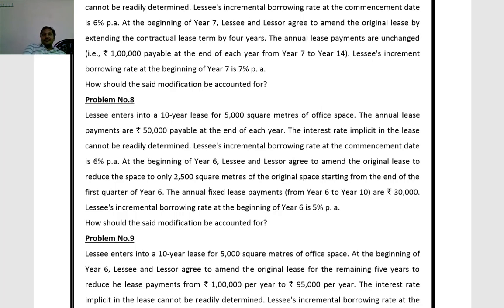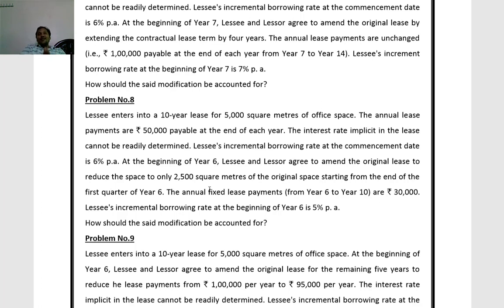That is decreased by 50%. So lease liability and right of use asset are proportionately to be reduced. Thereby, liability will decrease and asset will decrease.